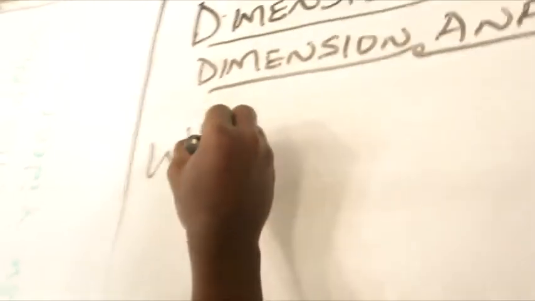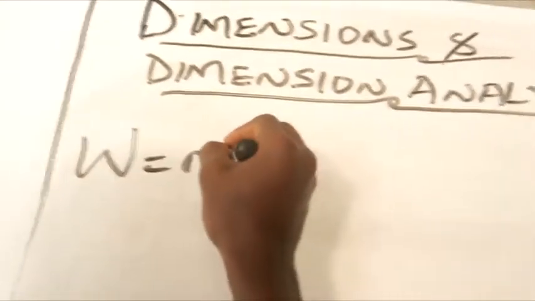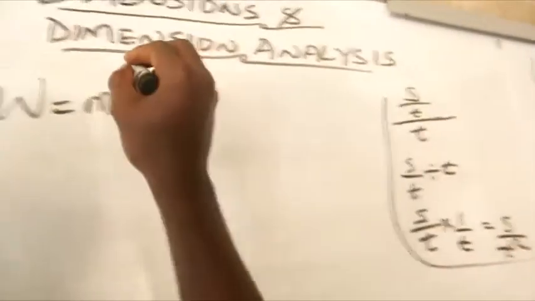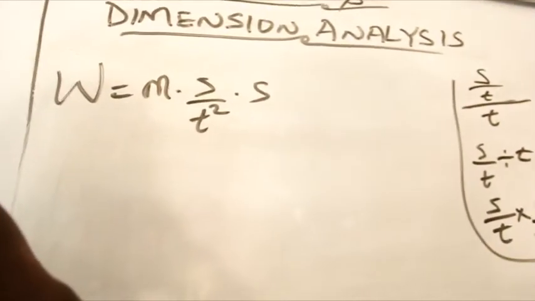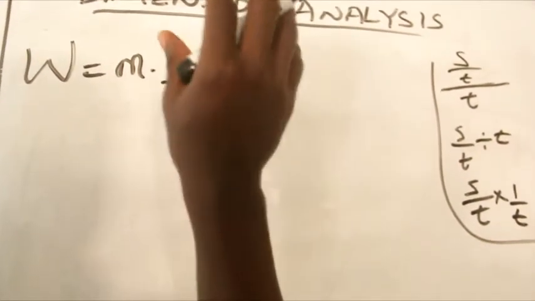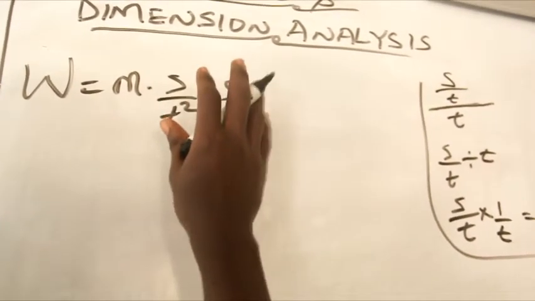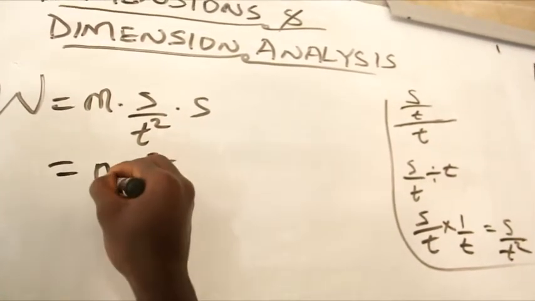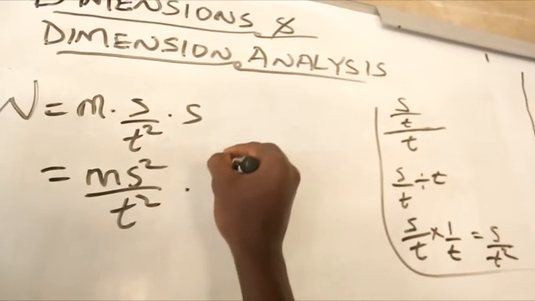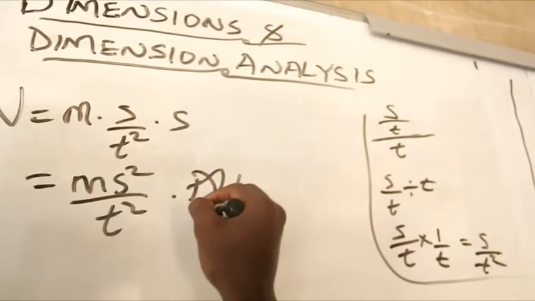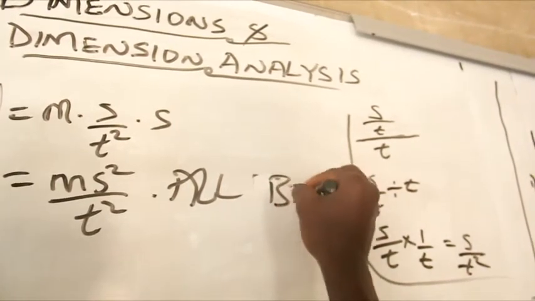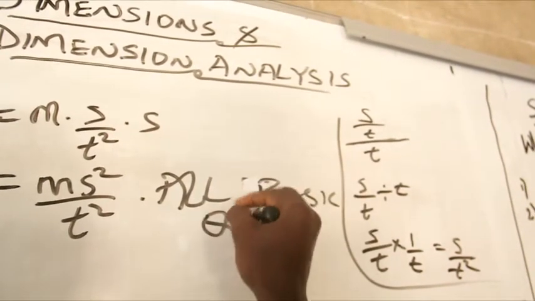So let's go back. We are saying that work is now mass times distance over time squared multiplied by distance. So we've gotten to a stage that we can still say mass times distance squared over time squared. So these are all basic quantities.